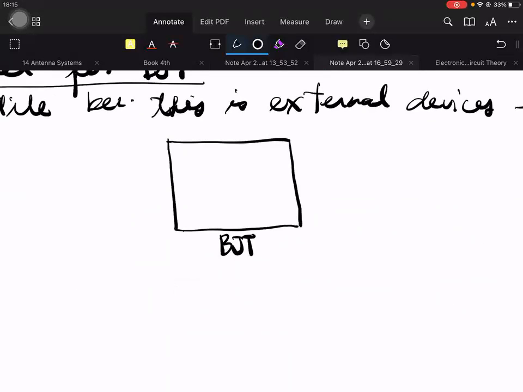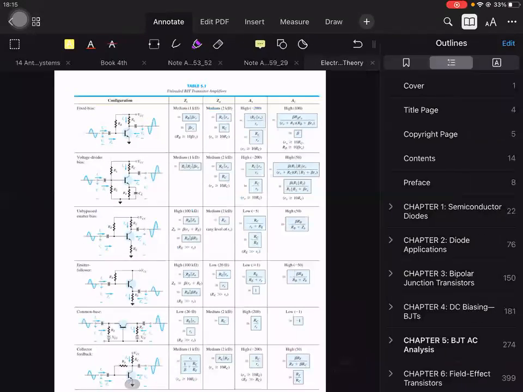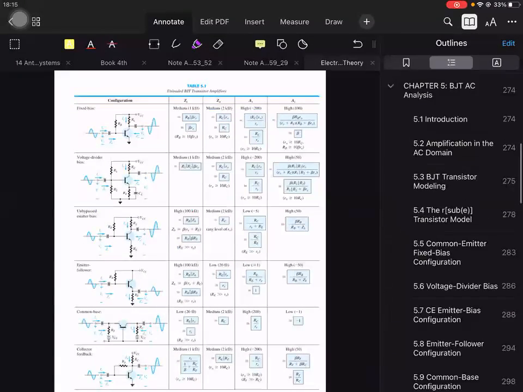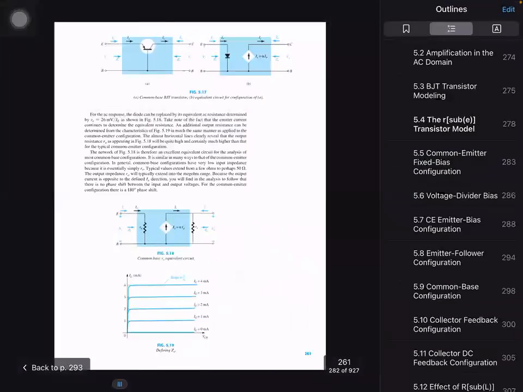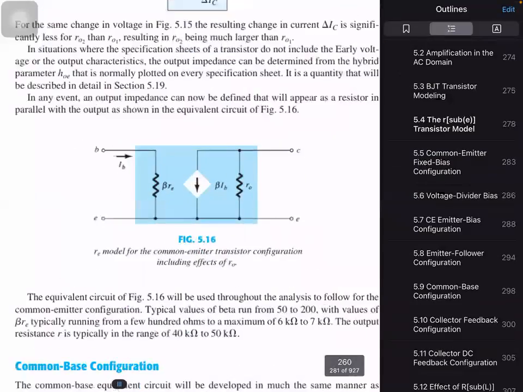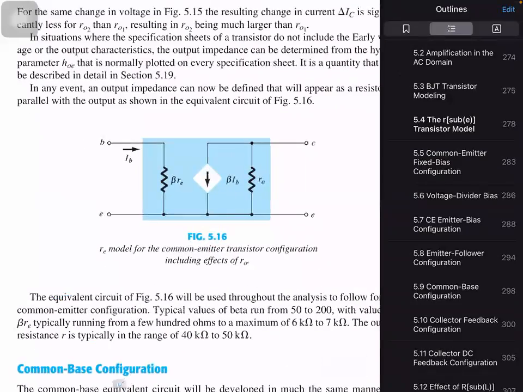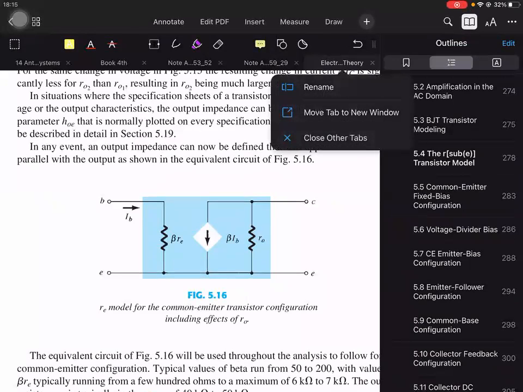So the RE model. So naka-parallel si RO. Beta RE, current source, and RO.